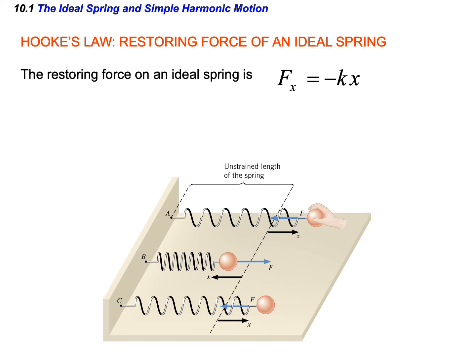Next topic is Hooke's law. Today's lab is based on this law, and we're going to use this equation. It is very similar to the equation we learned in the previous slide. The applied force along the x direction is equal to the spring constant times x.